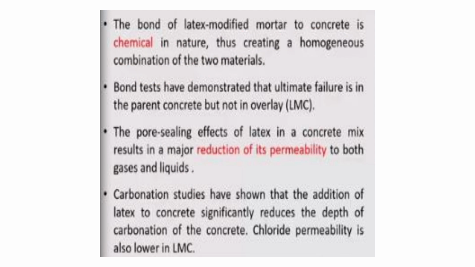Bond tests have demonstrated that ultimate failure is in the parent concrete, but not in the overlay, that is LMC. And the pore sealing effect of latex in a concrete mix results in a major reduction of its permeability to both gases and liquids.